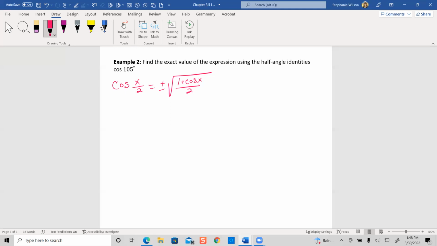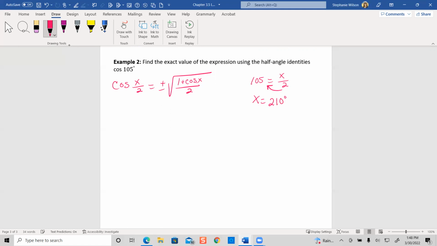I'm going to take the 105, set it equal to x over 2, and bring the 2 across the equal sign, multiplying it over here so I can get x by itself. So 2 times 105 is 210 degrees.